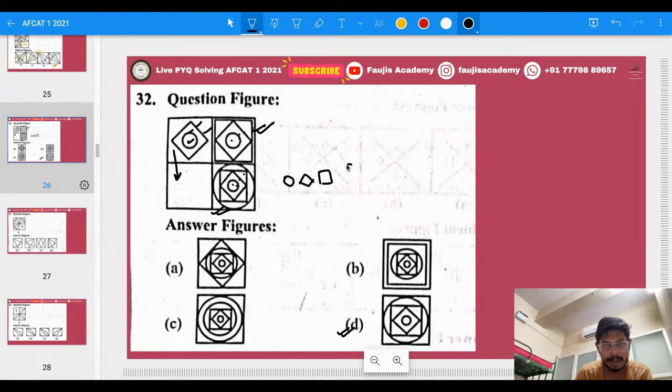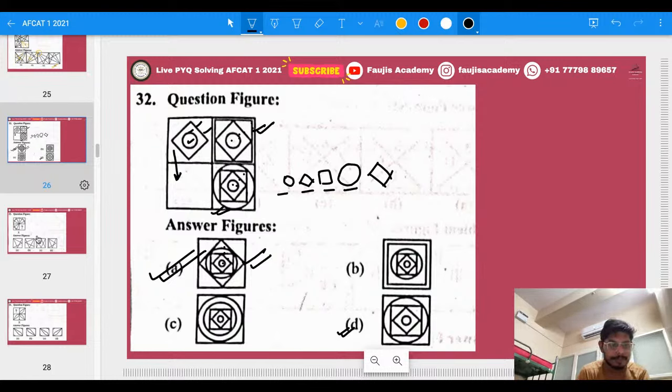When we have a circle, then a diamond came into the picture, then a square, then a circle. Circle, diamond, square, circle, and again another diamond should come as per my line of reasoning, and that is why we should go ahead with A as the answer, guys.